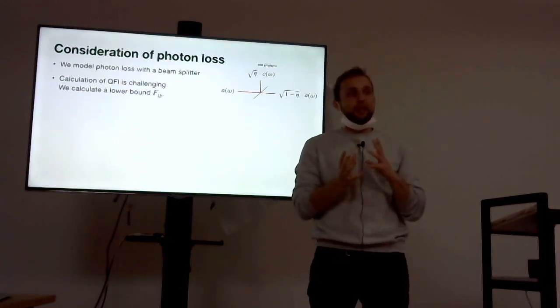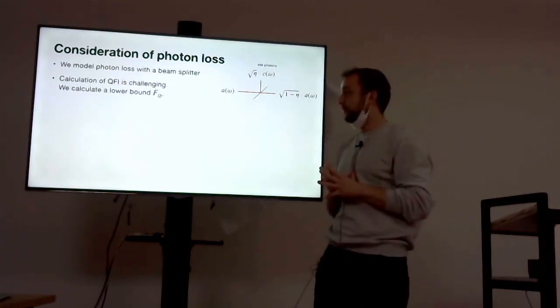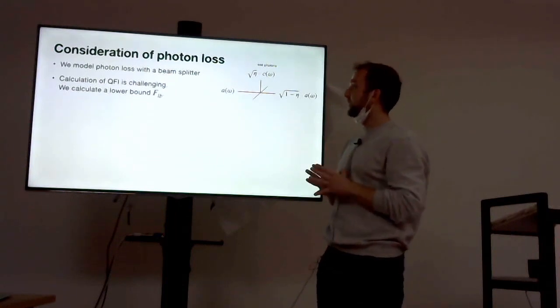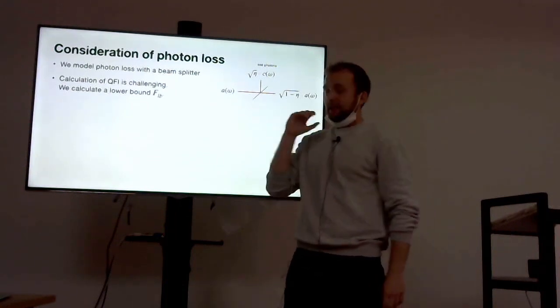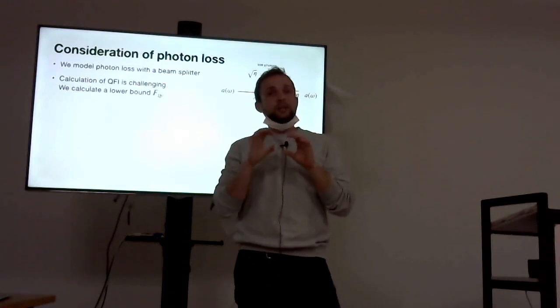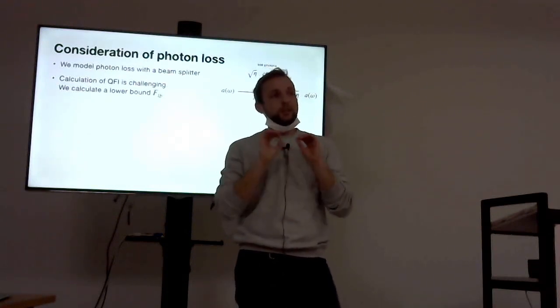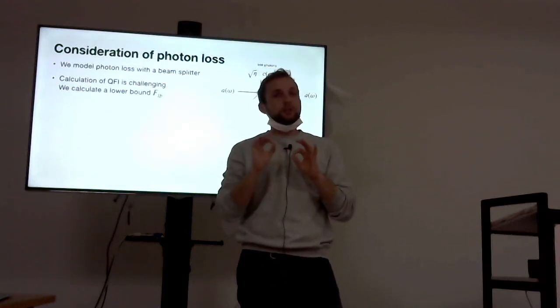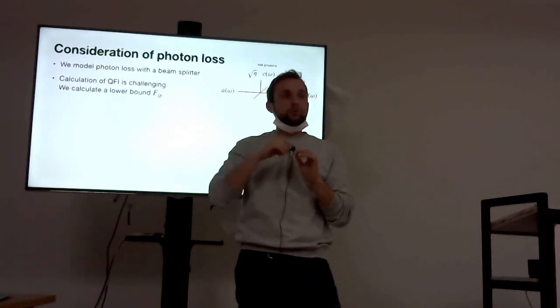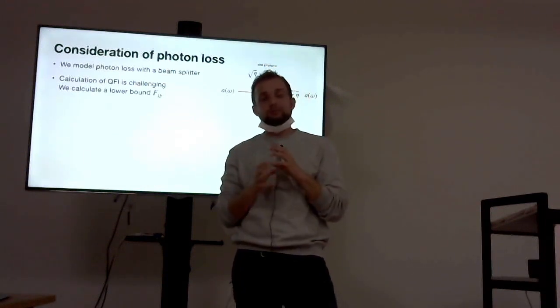Because the full calculation, yeah, we don't know how to do it yet. And yeah, this lower bound is really, really pessimistic because we only take into consideration the measurement runs where no photon has been lost.